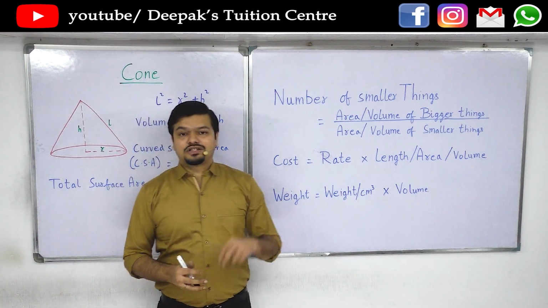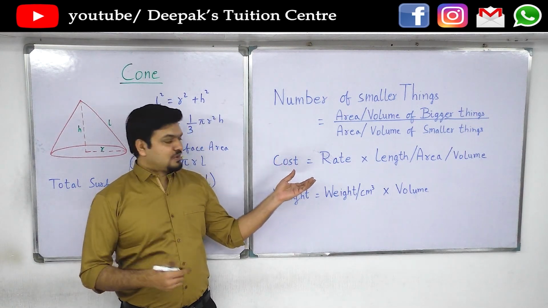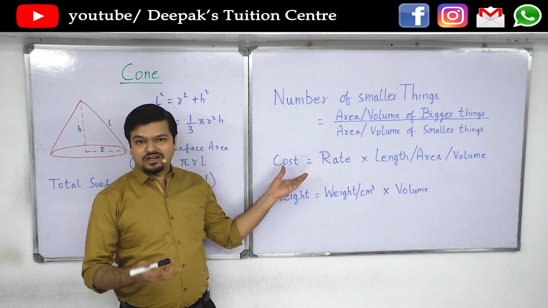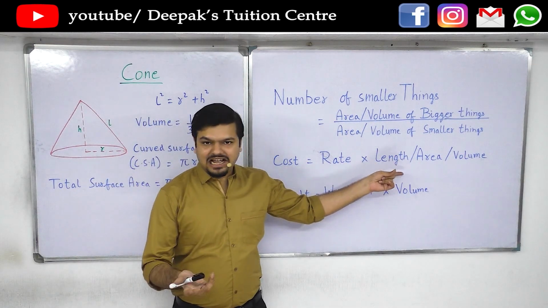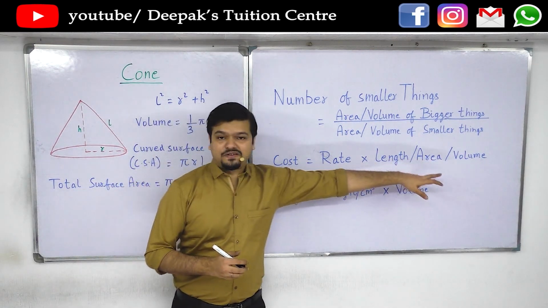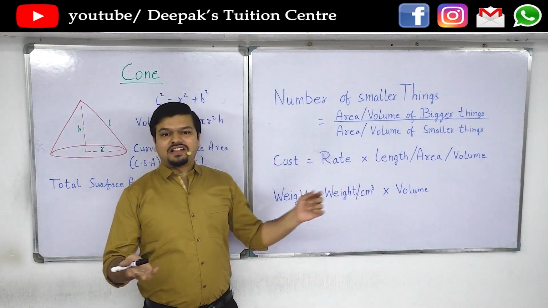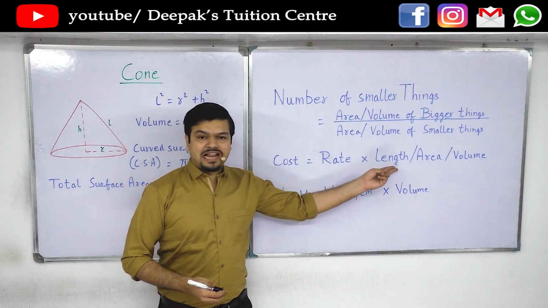Next, you are also requested to calculate cost. Sometimes you are asked to calculate the cost of a certain thing. So cost is equal to rate into either length or area or volume. How will you know which one you have to use? It depends on the rate. If the rate is, suppose, rupees 5 per meter, you have to calculate length.